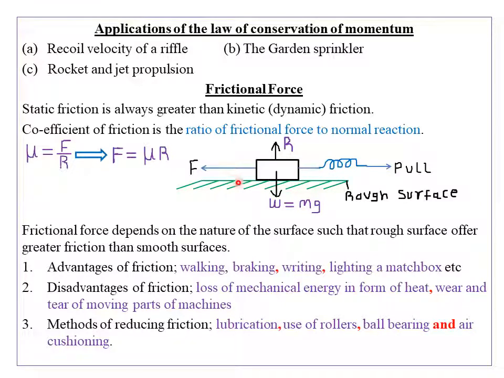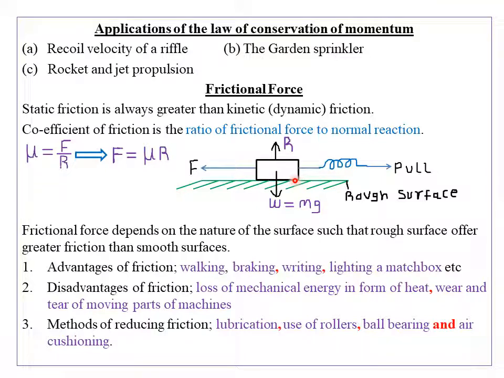For example, in this case, if I have my rough surface here and my body is being pulled in this particular direction, then the frictional force that exists between the surface of this moving block and this other surface is called kinetic friction.